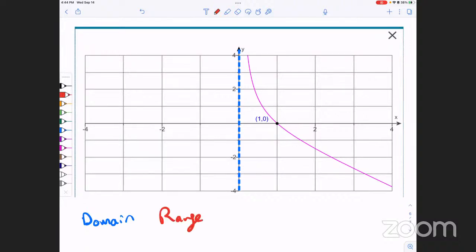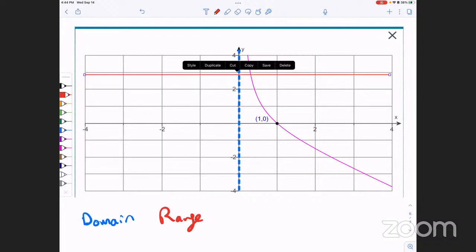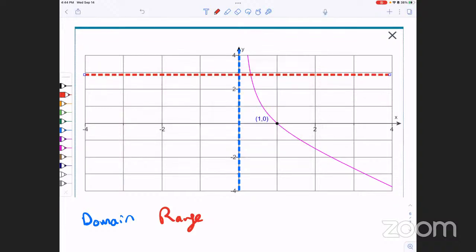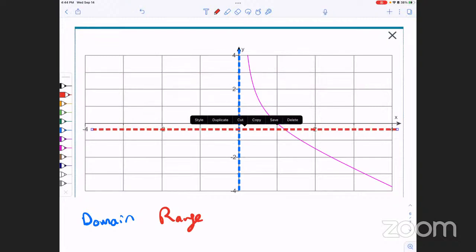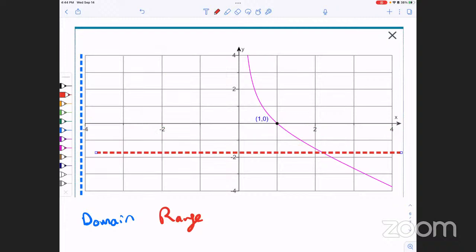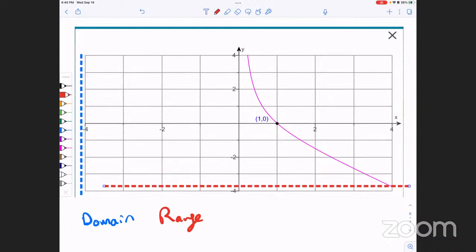And instead of being vertical, we're going to go like this. Then the range is the very bottom to the very top, right? So let's move the blue out of the way for right now. We're asking ourselves, how far down does it go? Can it go off the graph?